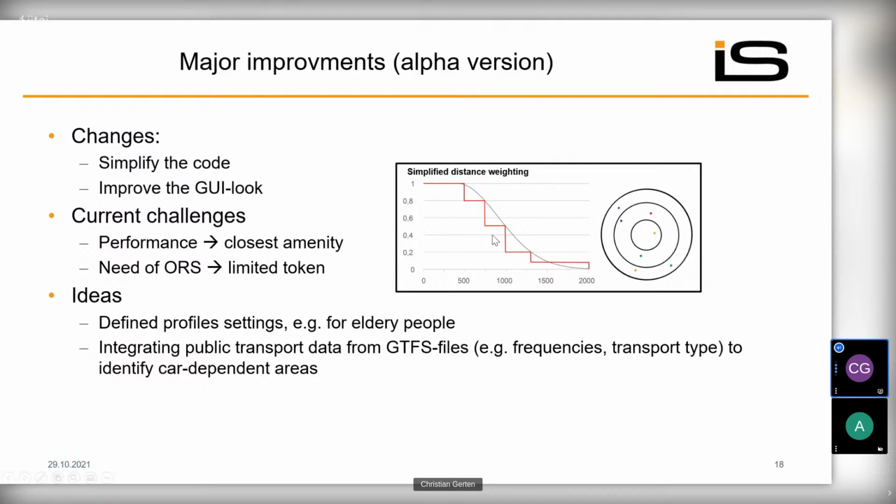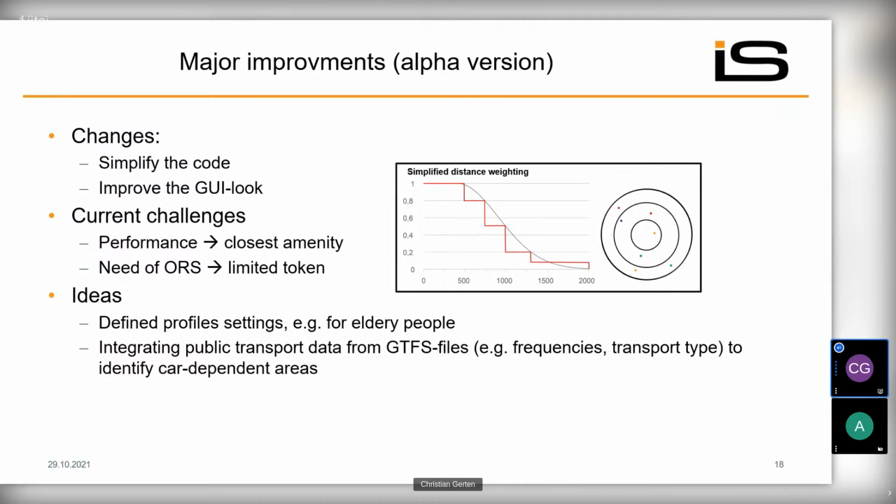And yeah, some more ideas are for us to define profile settings, for example, for elderly people, where we say, okay, elderly people do not walk such long distances. They need other infrastructures, and we could also define profile settings for younger people. Another idea is to integrate, for example, public transport data from GTFS files, like frequencies or transport type, to identify car-dependent areas, or really car-dependent areas.